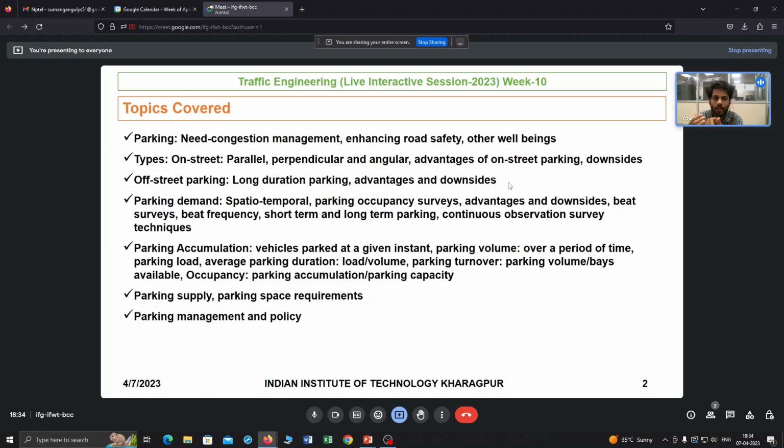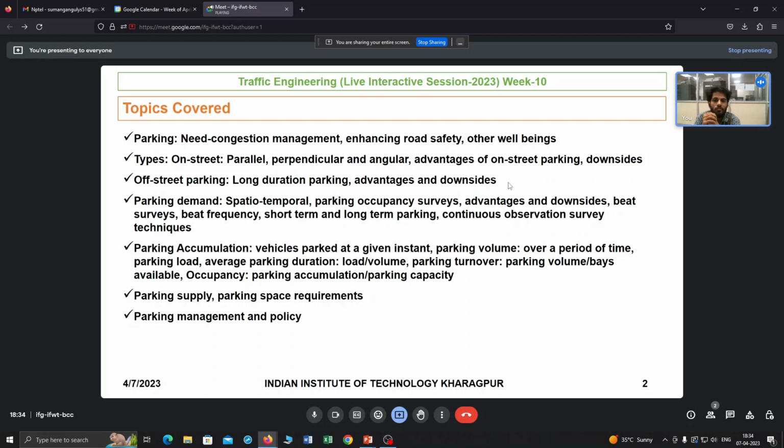As you increase your bit frequency, it will also account for short term parkings, because short term parkings may be 5 minutes, 7 minutes, right? You may not be able to catch that if you do it for 15 minutes or 30 minutes. So if you do it for less time, you will be able to catch those details.